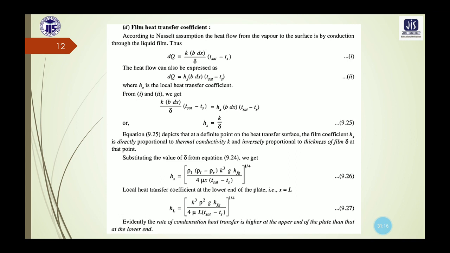The heat flow can also be expressed as equation number 2, dq equals hx into b dx into the temperature difference, where hx is the local heat transfer coefficient, which is similar to Newton's law of cooling. If we equate these two, we get the local heat transfer coefficient hx equals k by delta.